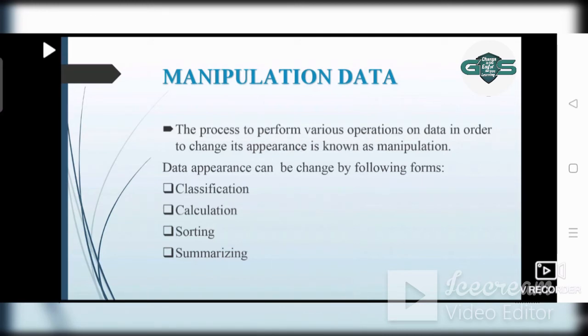You see your data and draw conclusions on the basis of the information. The manipulation of data is based on calculation, classification, sorting and summarization.